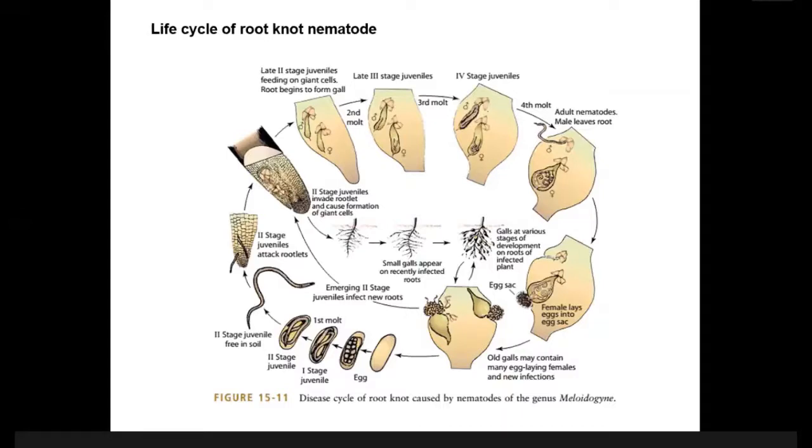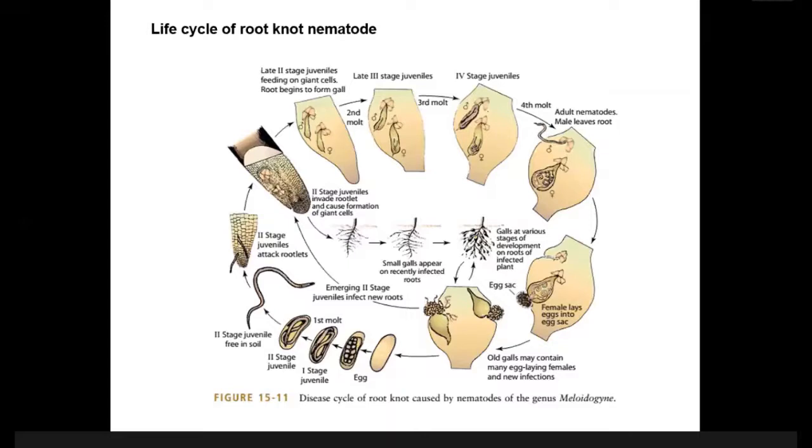As a result, there will be no conduction and transportation of water and nutrients in the plant. And what happens? If there is no water and nutrient transportation, the plant will wilt because of lack of water.